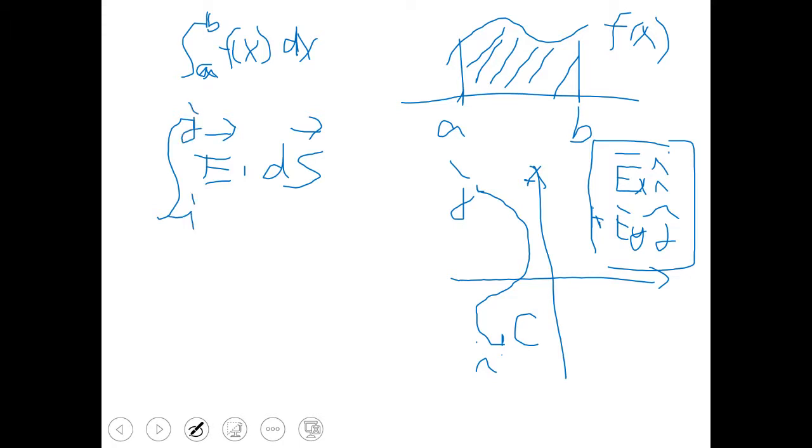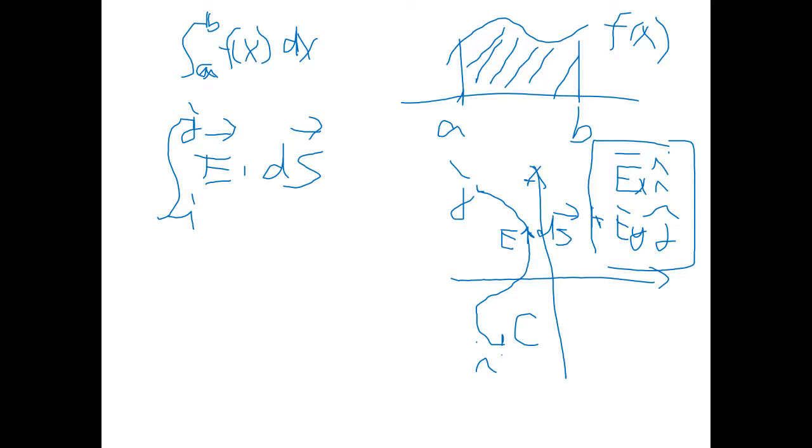So for example, to know the E at this point, you look at E at this point, and ds will be a vector like this.